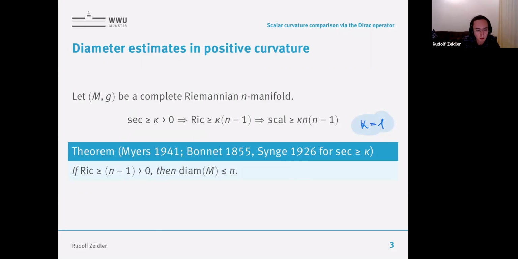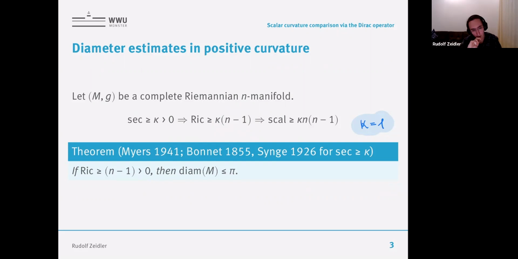In fact, this can probably even be attributed to Bonnet in the 19th century to some extent. The statement is that if the Ricci curvature is bounded below by n-1, which is precisely the Ricci curvature of the standard unit sphere, because there the sectional curvature is 1, so the Ricci curvature is n-1, then the diameter of this manifold is bounded by pi, which is also the diameter of the sphere.